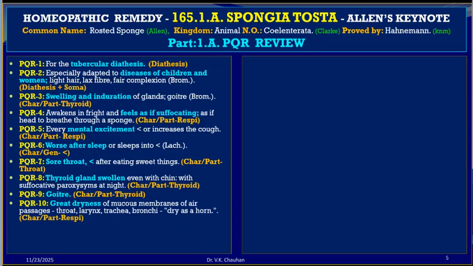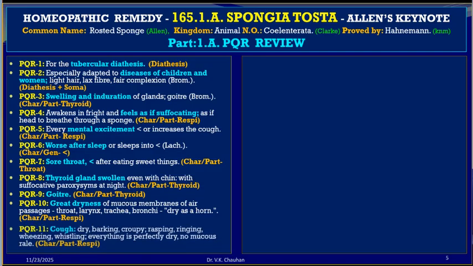Next is PQR10, great dryness of mucous membranes of air passages, throat, larynx, trachea, bronchi, dry as a horn. It is a characteristic particular general symptom, particular symptom of respiratory tract.